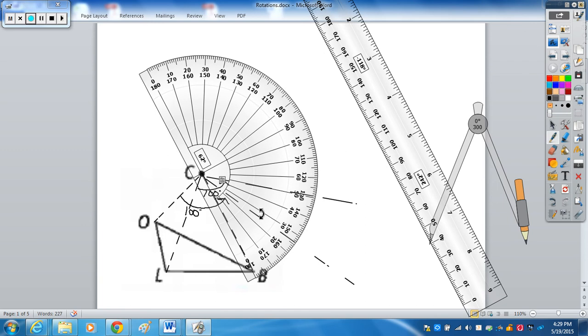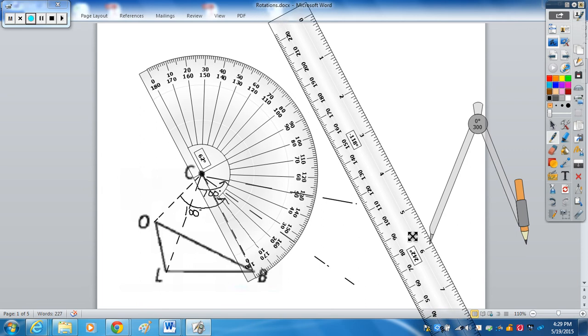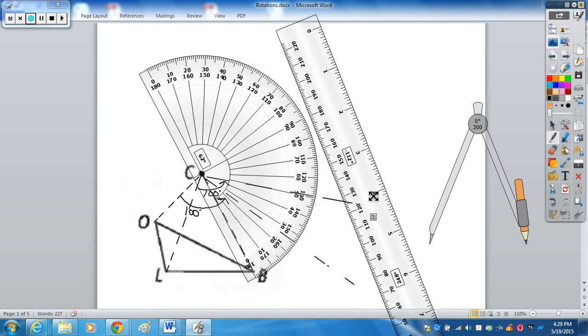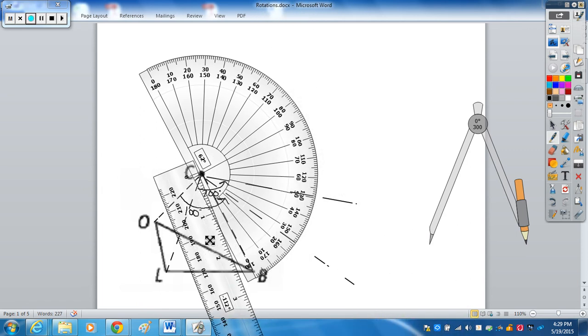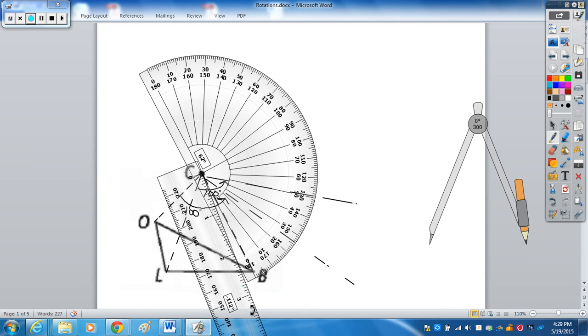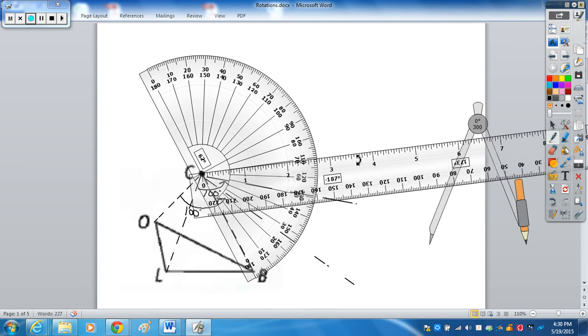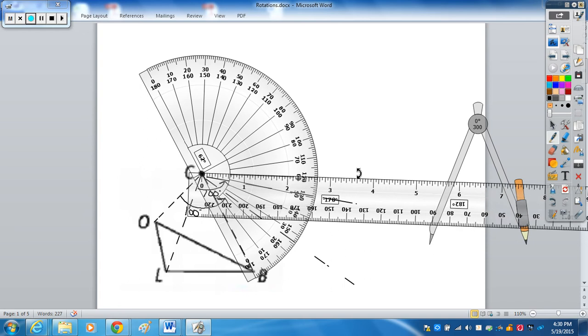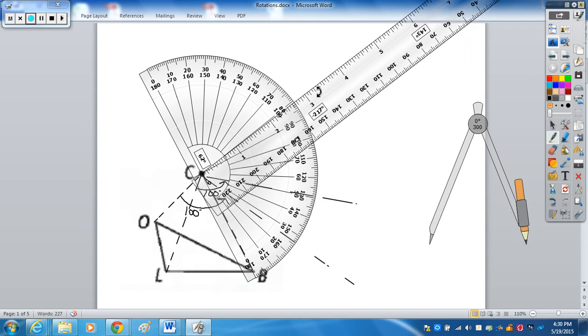I hope it's not confusing you guys. Okay, so I've got my 0 degree right on that, and I'm going to rotate that 100 degrees. There's a 100-degree mark, so I'll take this and let's place this guy right there and rotate this 100 degrees. Oh, let's see here. 80, 90, 100 degrees.